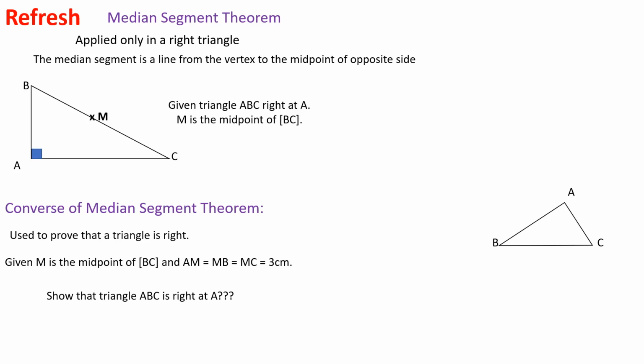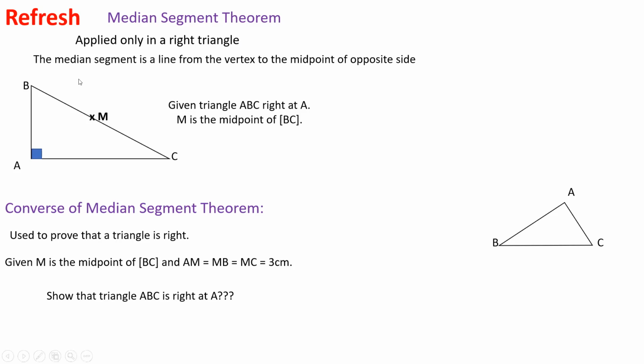Also, we studied before the definition of the median segment theorem. What's a median segment in a triangle? The median segment is a line from the vertex to the midpoint of the opposite side. So what will we be given to apply the median segment theorem?